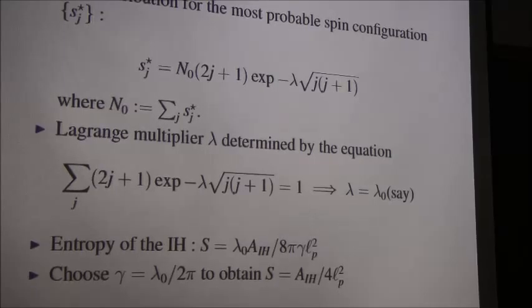And by choosing this Barbero-Immirzi parameter, which was kept free till now, we can get the Bekenstein-Hawking area law, and gamma is fixed to be a number, this lambda naught by 2. So this is what the calculation for the distinguishable punctures gives us.